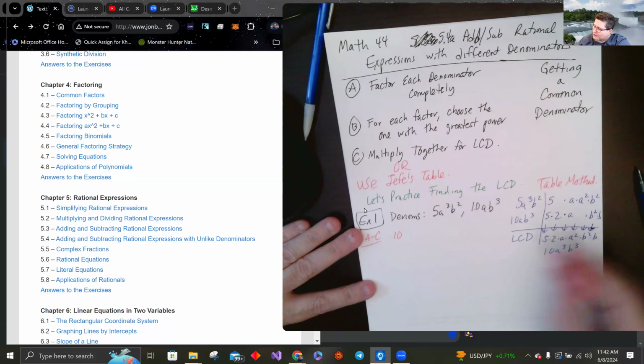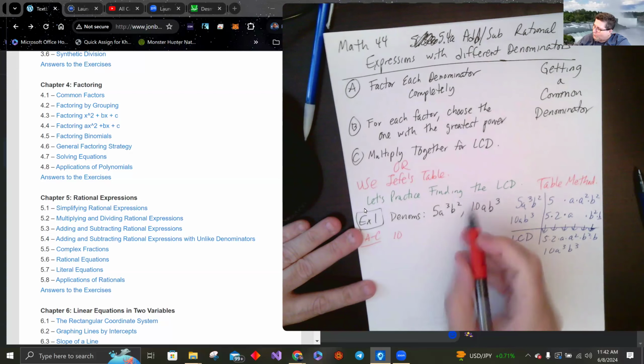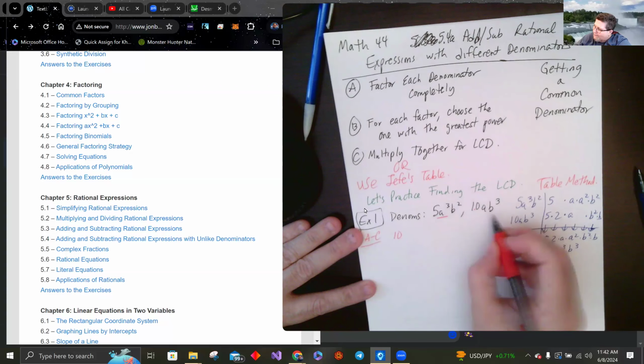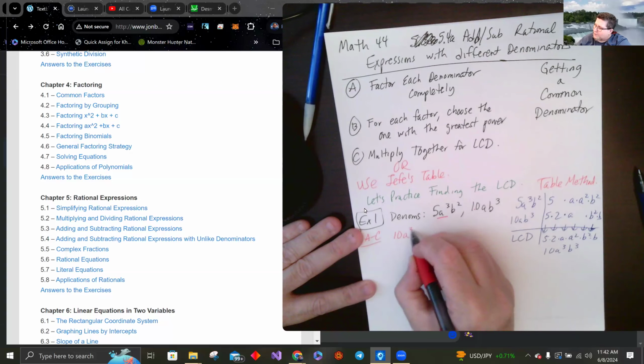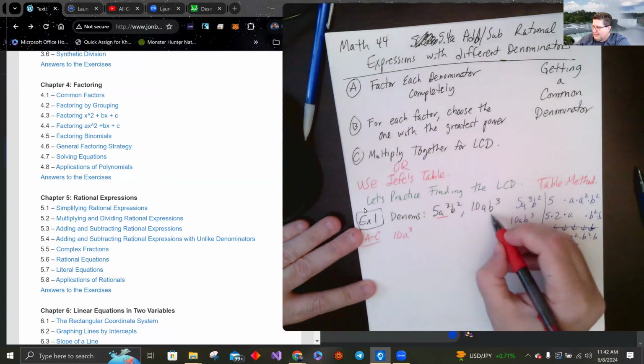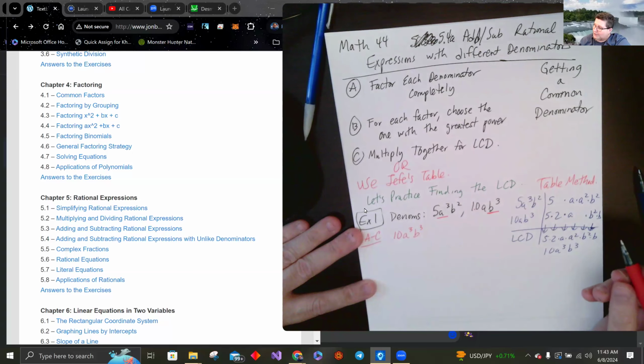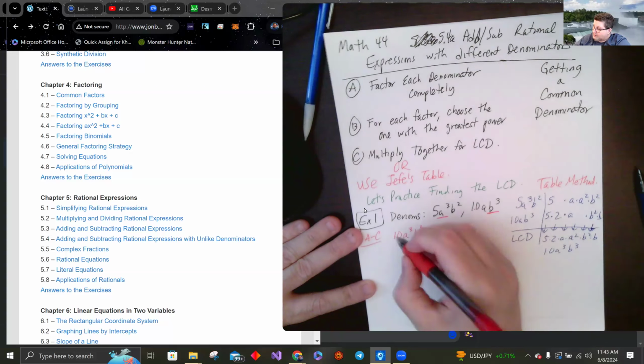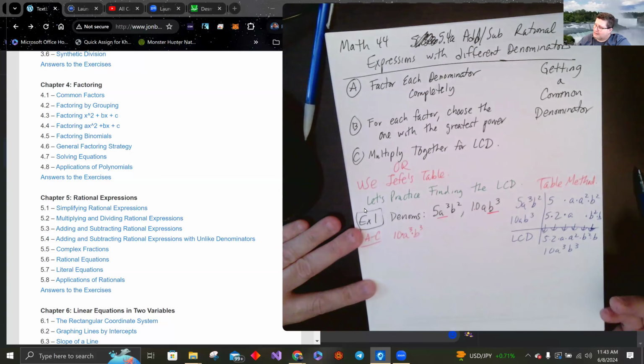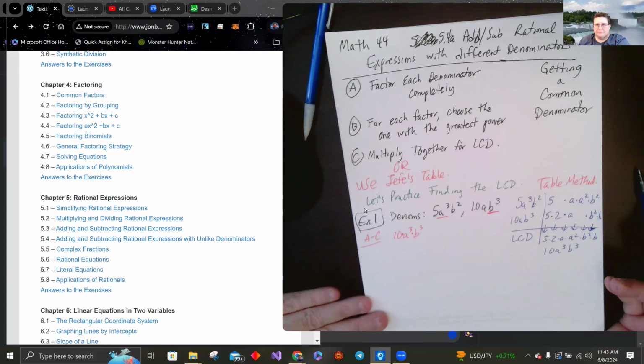But then for each factor, I'm going to choose the one with the greatest power. Of the a's, a cubed is the greatest power. And of the b's, b cubed is the greatest power. Then I multiply those together. So it's a little quicker than the table.